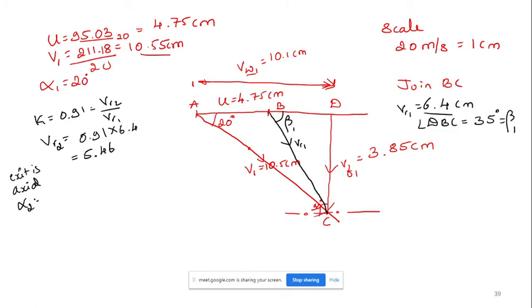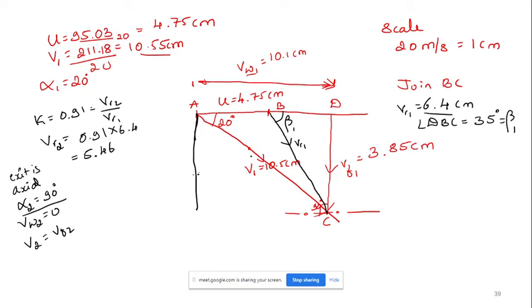That means alpha 2 equals 90 degree, VW2 equals 0 and V2 equals VF2. Now from point A, measure 90 degree, draw a line and produce that line. Is this fine?